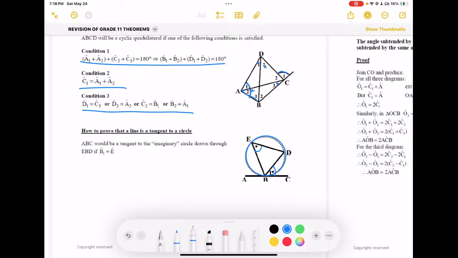E, D, B lie on the same circle, just because we know that B1 is equal to E. It gives us that line AC is a tangent to the circle passing through E, B, and D, all right?